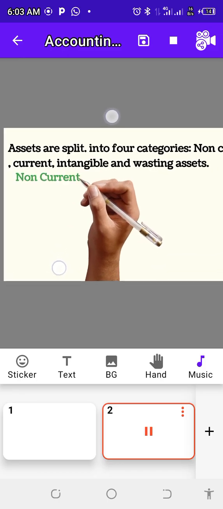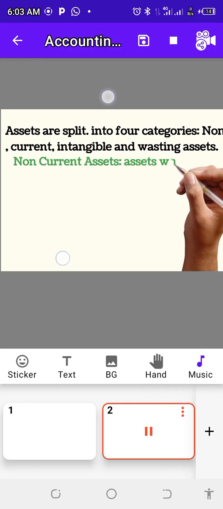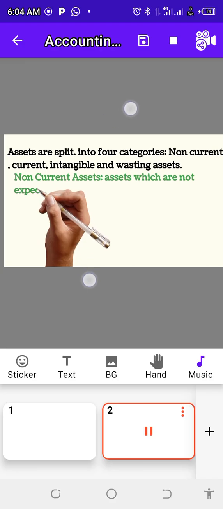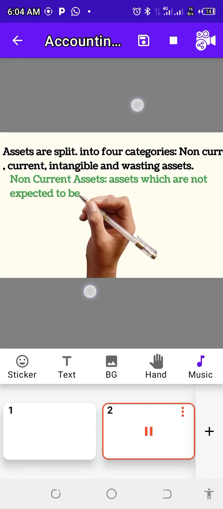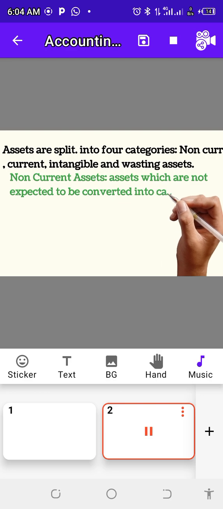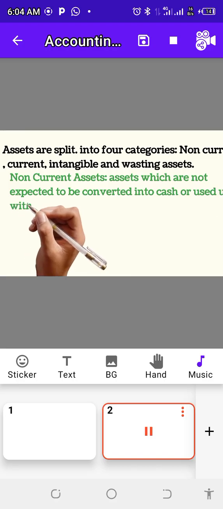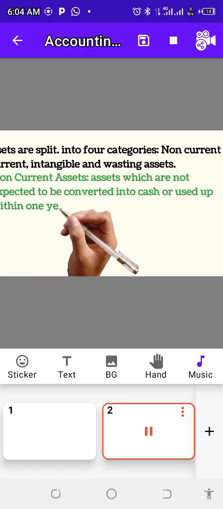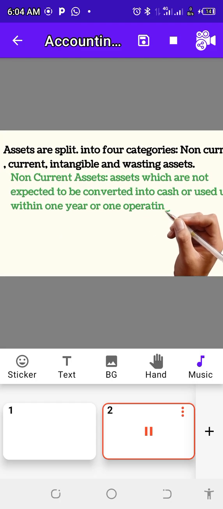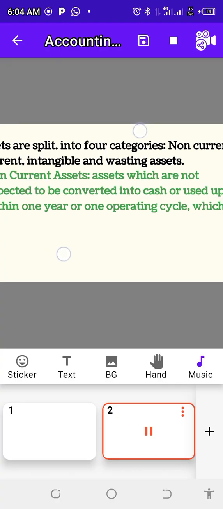Non-current assets. The non-current assets are assets which are not expected to be converted into cash or used up within 1 year or one operating cycle, whichever is longer.